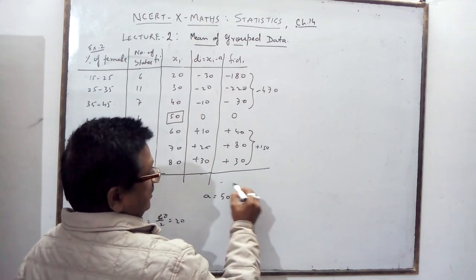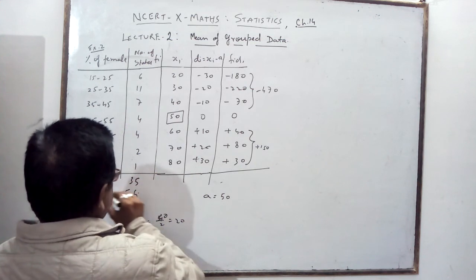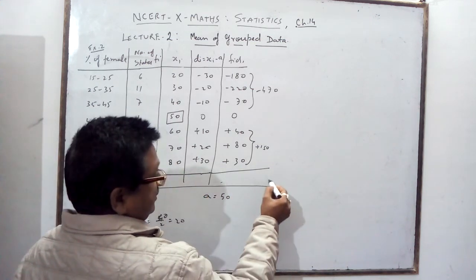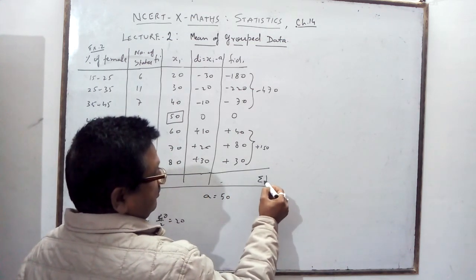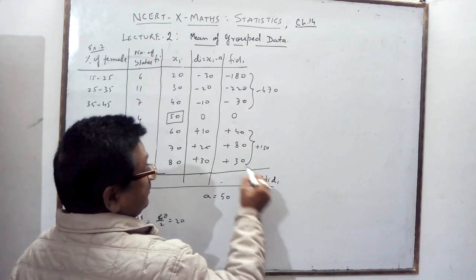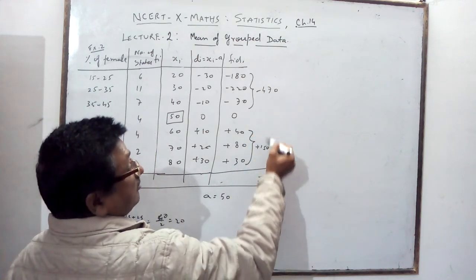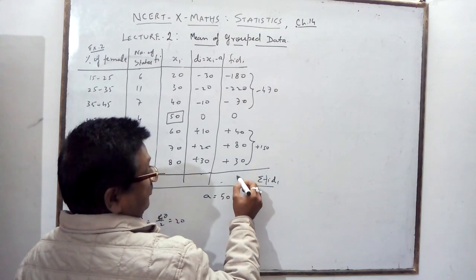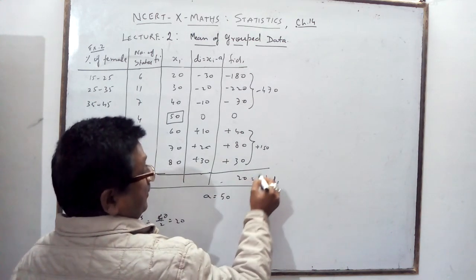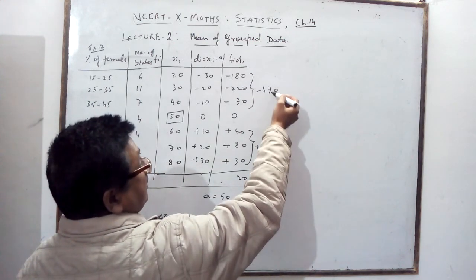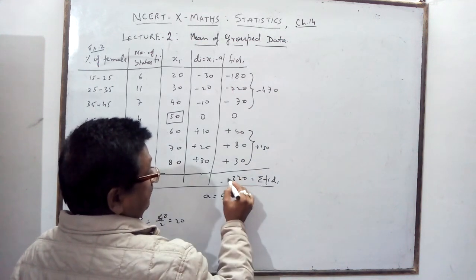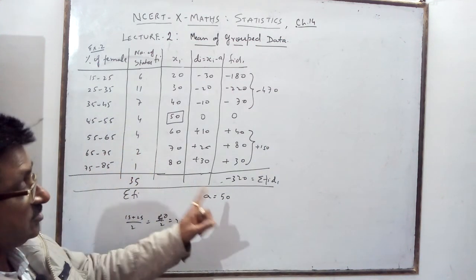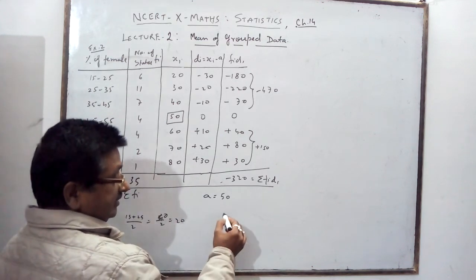In this column you will write sigma fi di, which means the sum of all. So minus 320. What is d bar?